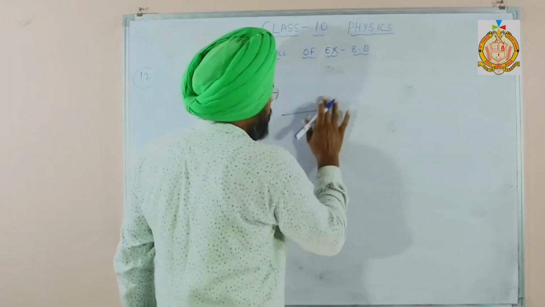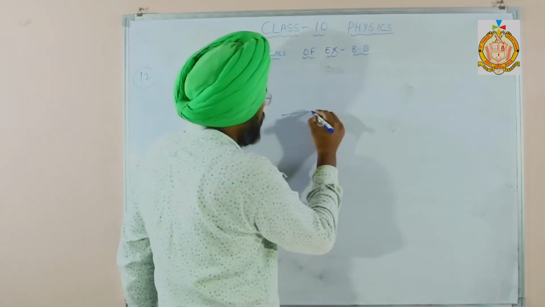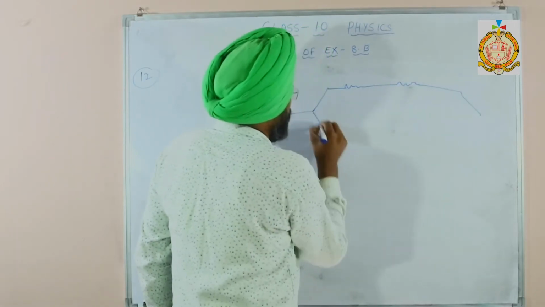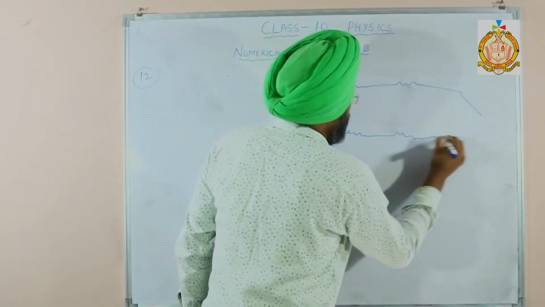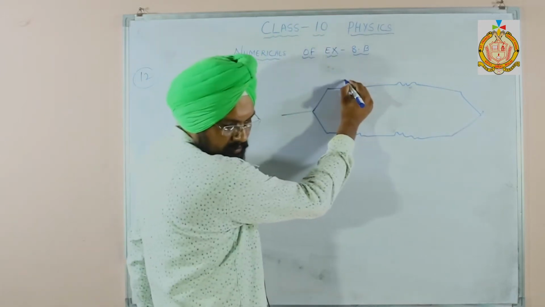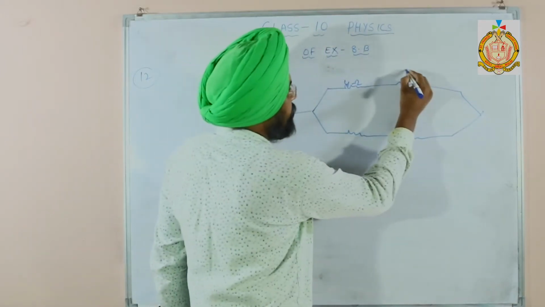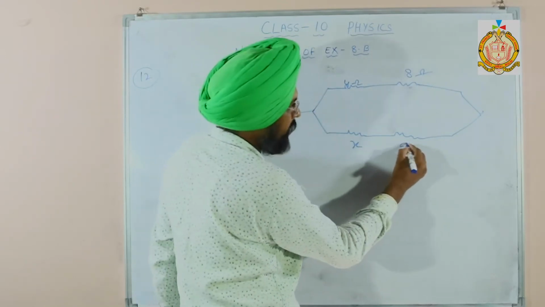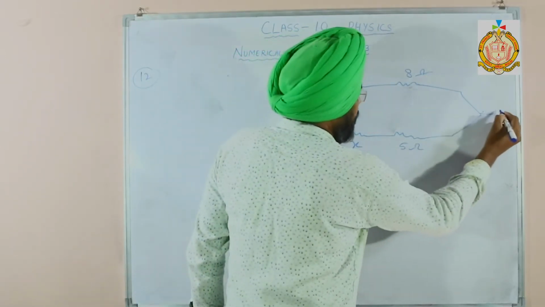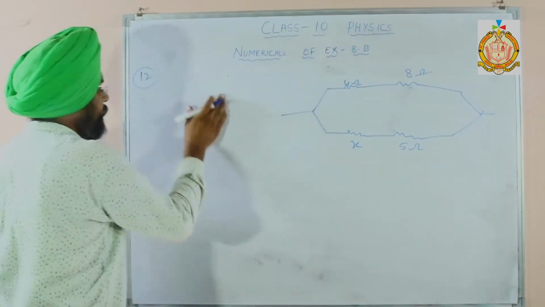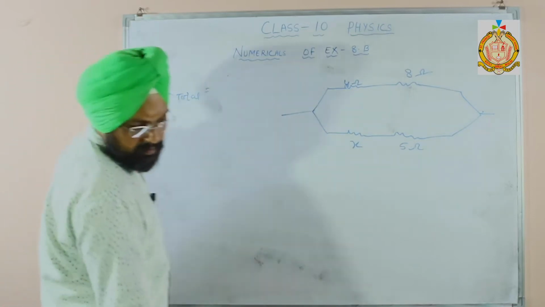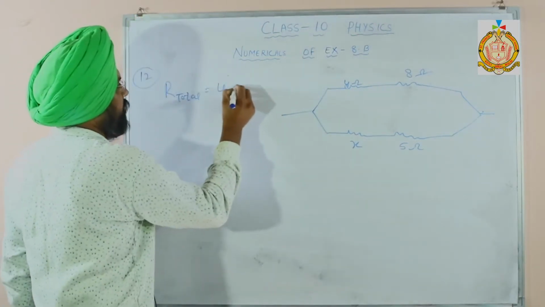Let me draw the diagram. Now this will be 4 ohm, this is 8 ohm, this is X, and this is 5 ohm, and the total resistance R total is 4 ohm, which is given.